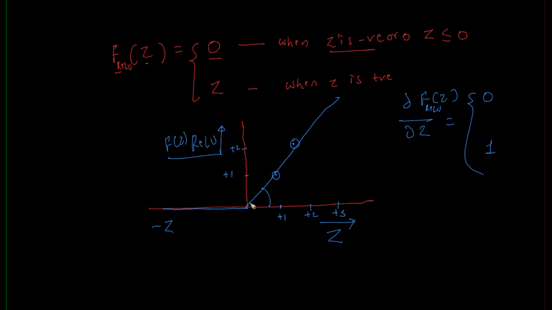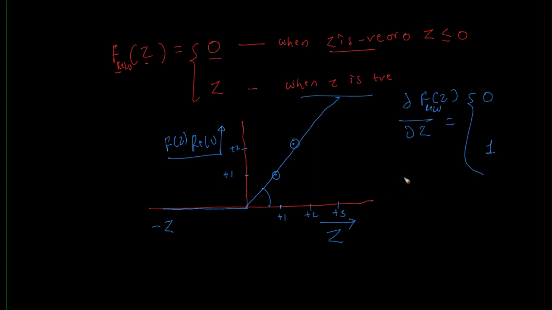If we see here, the derivative of this line will be exactly 1. So this is the derivative of ReLU, and this 0 is for negative z, and this 1 is for positive z.